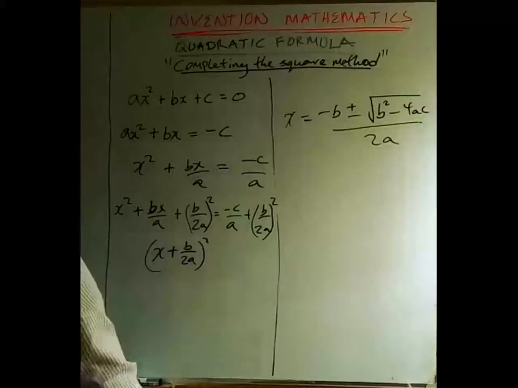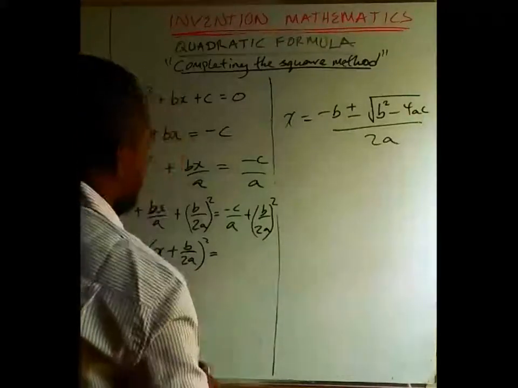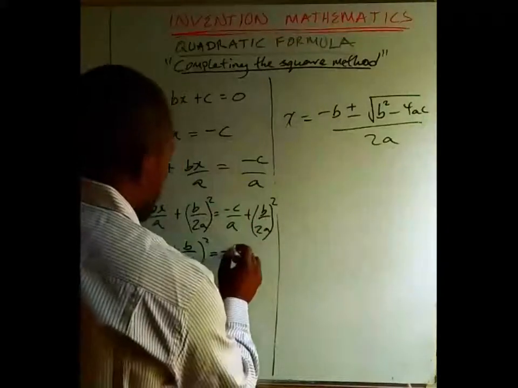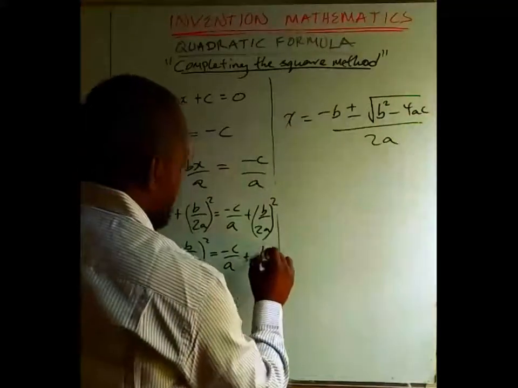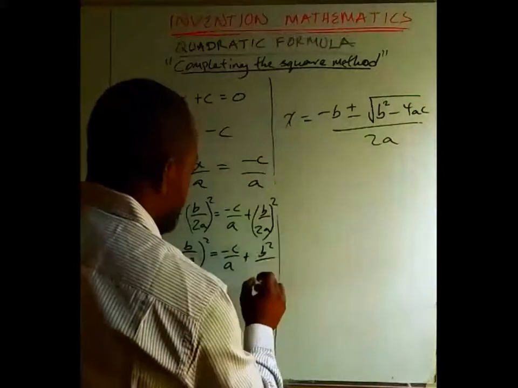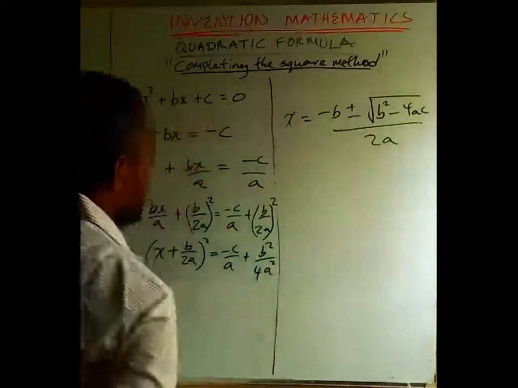So let's continue. This is equal to minus c over a plus b squared over 2 squared, which is what? 4a squared.